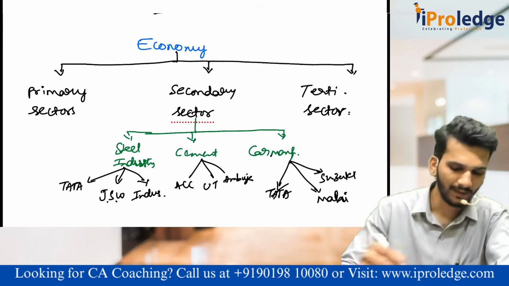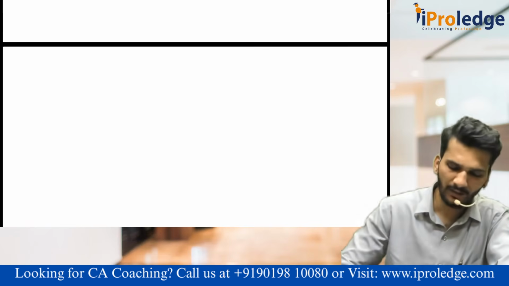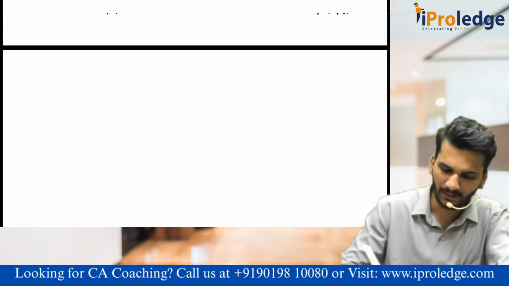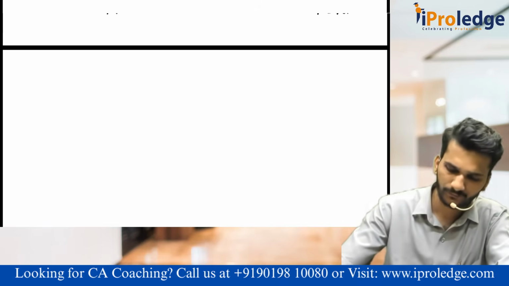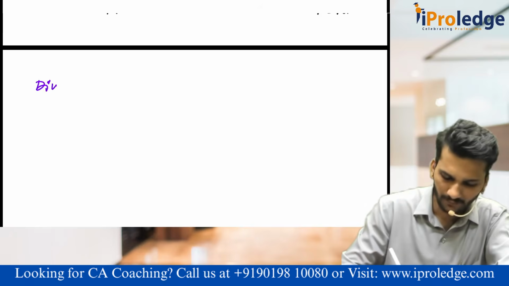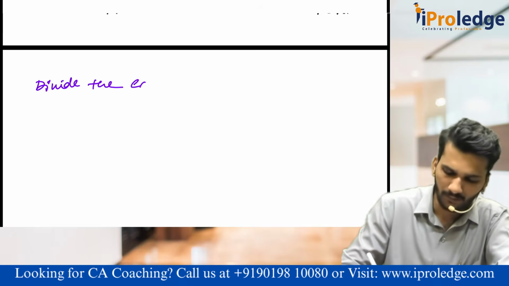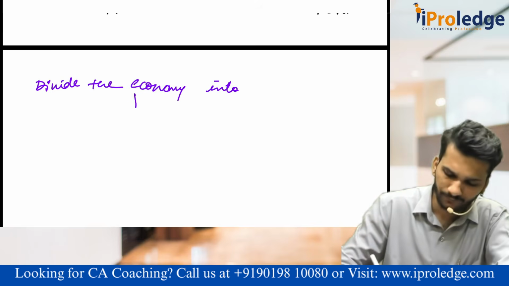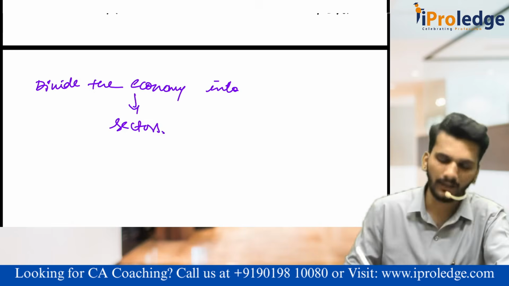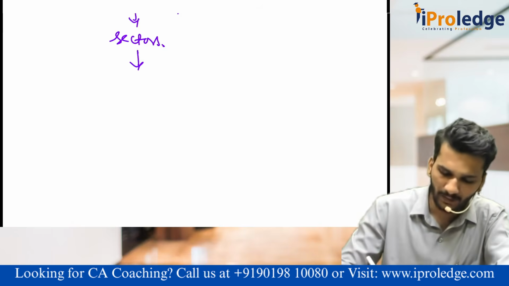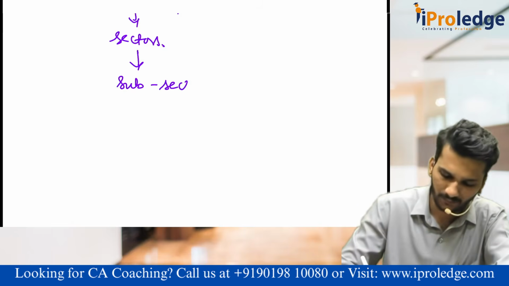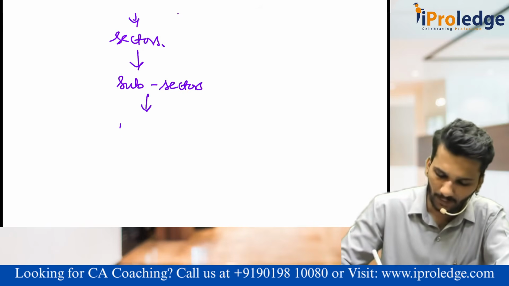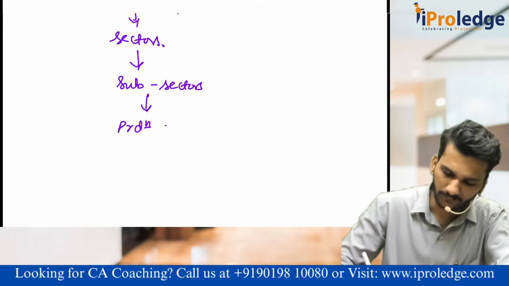Sir, what did you tell? Yes, I'll try to consolidate and summarize. Please listen. First, under the production method, we divide the economy into sectors, and sectors are divided into subsectors, and those subsectors are divided into what we call producing enterprises.